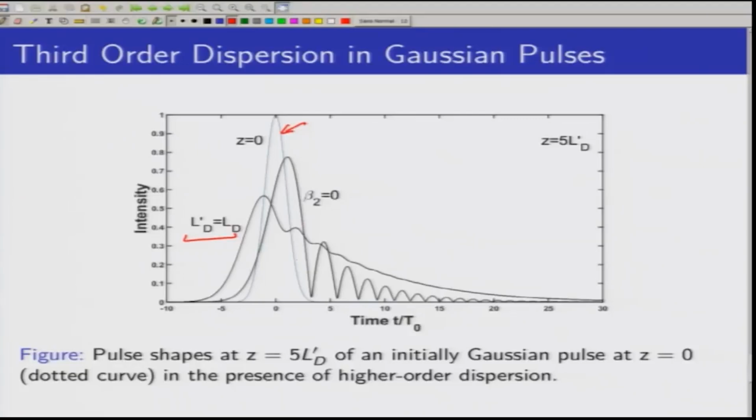This was for the case of z equal to 5 L D dash, so we are propagating it to 5 third order dispersion lengths. This is L D dash, so the net length of the fiber is 5 times this. As you can see, it significantly distorts as well as makes the pulse asymmetric as we propagate along the fiber.